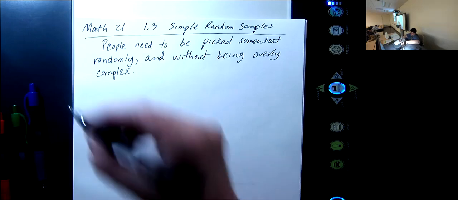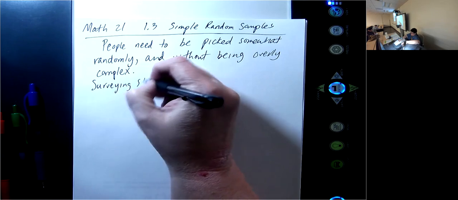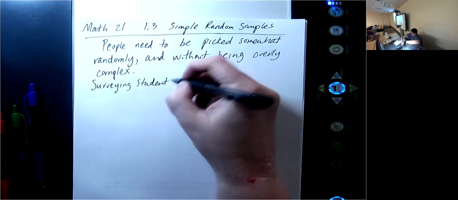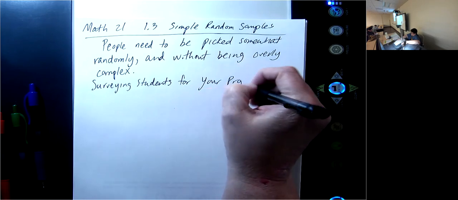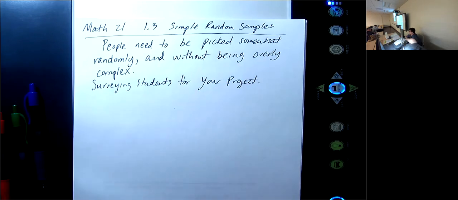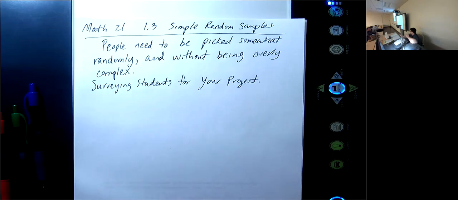You are surveying students for your project. You want to hit up, we got students that have day shift or they work during the day, come to school at night, as many of you know. We've got students that don't have jobs or take morning classes, go home and do stuff at home in the evening.